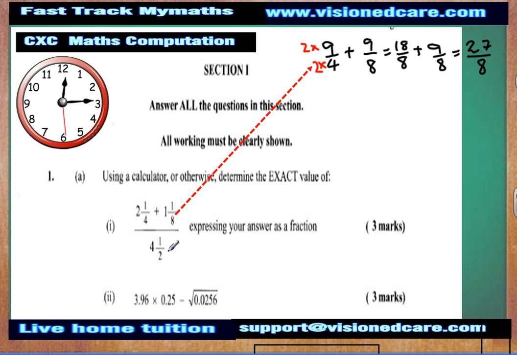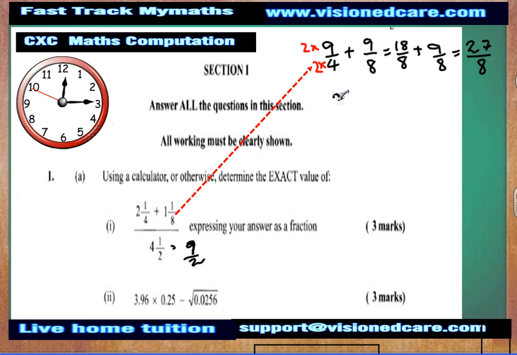4 1/2 is the same thing as 9 over 2. It is 2 times 4, 8, add 1, that's 9 halves, 9 over 2. Okay, now what we have is 27 over 8 divided, this line means divide, by 9 over 2.